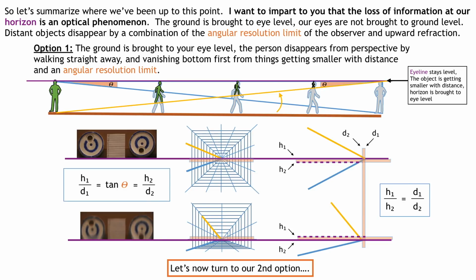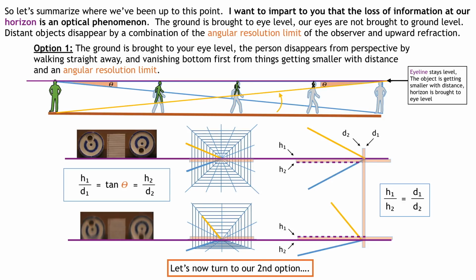If it started out completely below your eye line, it would disappear as a point because it never crosses above your eye line if it moves straight away. If it starts out with part of it above and part of it below, the part below will disappear sooner than the part above, and the part above will continue on until it completely sets within your lower horizon, which is again brought nearer to you.